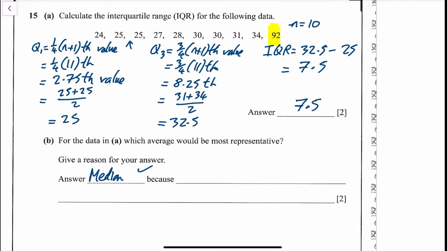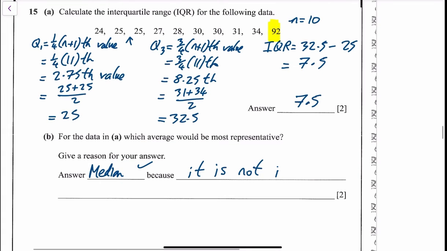So you're using the median because it is not, let's say, distorted or impacted. I'll use the word impacted, or you could use affected or whatever. I'm going to say not impacted by the extreme value.